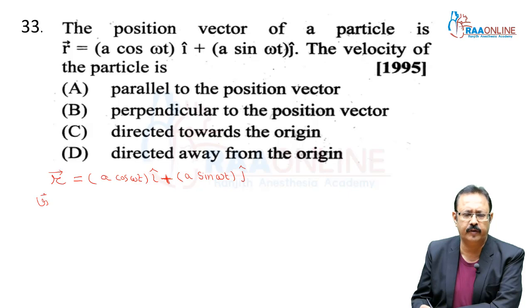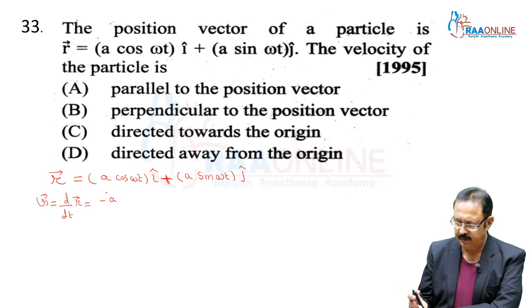All of you know that. What is velocity? Rate of change of displacement. A is constant. Differentiation of cos omega t is minus omega sin omega t.